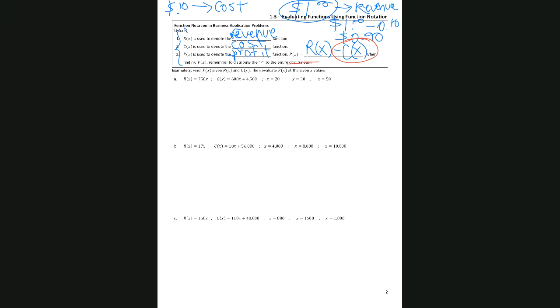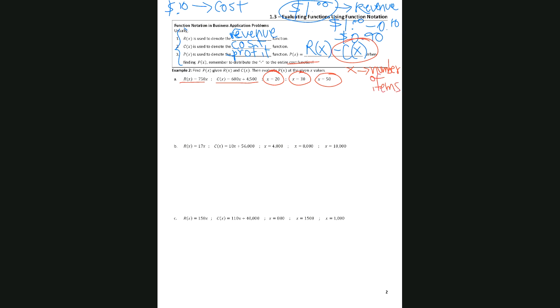So for our example 2 here, we are given the revenue function, the cost function, and then we're given 3 different x values. For this particular problem, x is still representing the independent variable, and in this case it represents the number of items, the quantity.